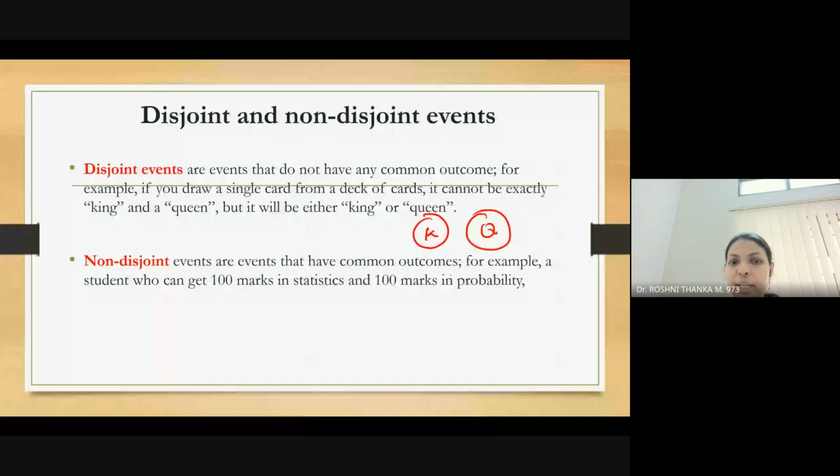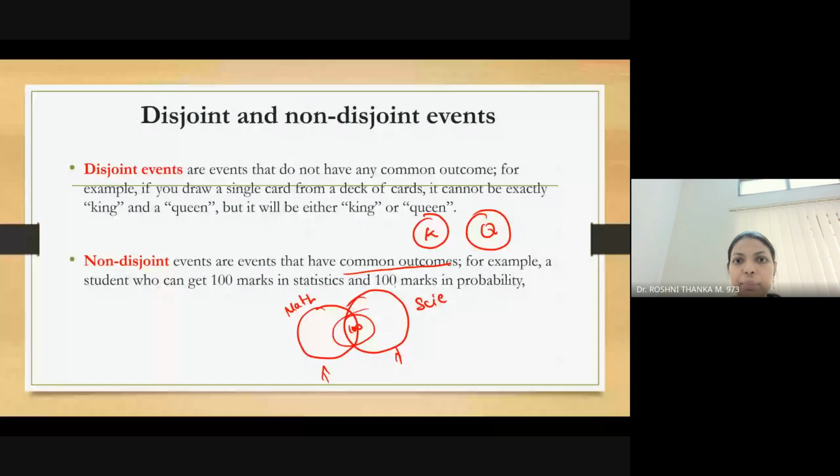Non-disjoint means I have a common occurrence between them. This is a maths subject and this is a science subject, and in both I can get 100. So when I have 2 events, I can have a common occurrence of getting 100 marks. This is a non-disjoint event.